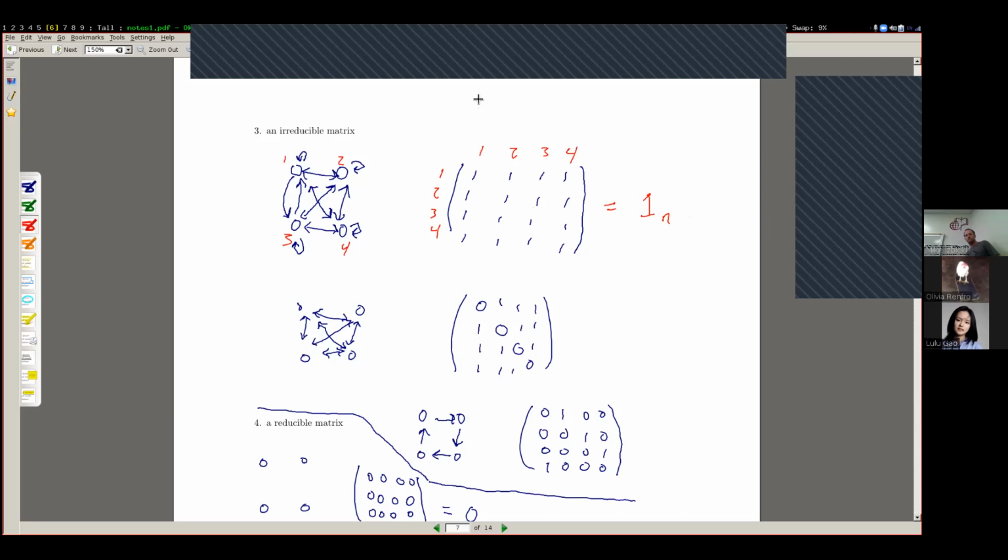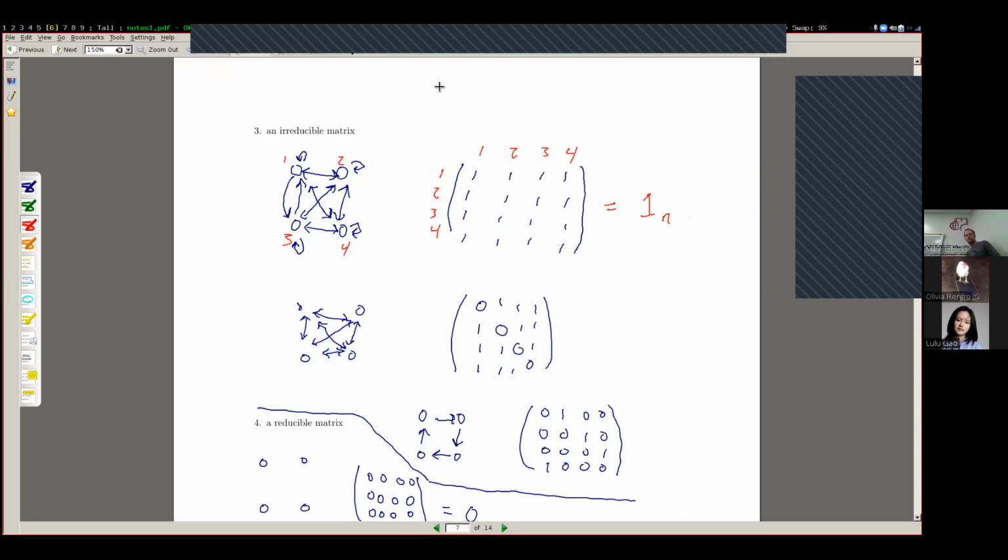The rank is 1. So we'll write it up here, in orange so that it doesn't get confused with the previous stuff. The rank of the all ones matrix is always going to be equal to 1.